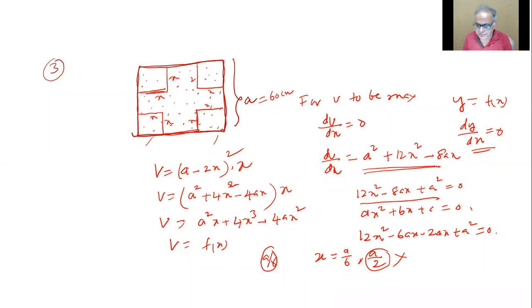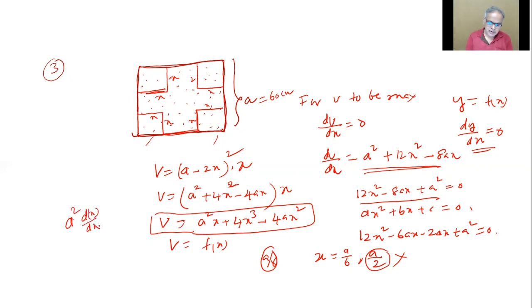For you not to get confused, I just made it into a sum: a square x, a square into d of x by dx. D of 4 times x cube is what? D of x. A is constant, automatically, because a is a constant number. I need not tell you that. A is a constant, right?